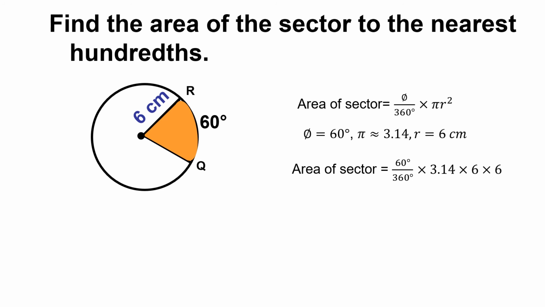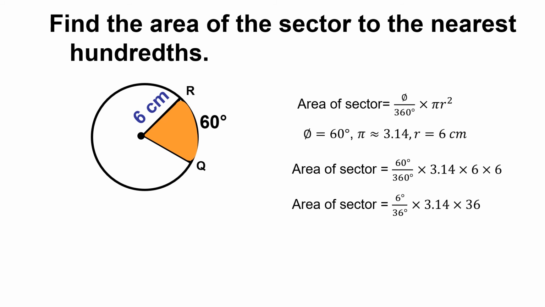Substituting these values in our formula gives us 60 degrees divided by 360 degrees multiplied by 3.14 multiplied by 6 multiplied by 6, which when simplified gives us 6 degrees divided by 36 degrees multiplied by 3.14 multiplied by 36.